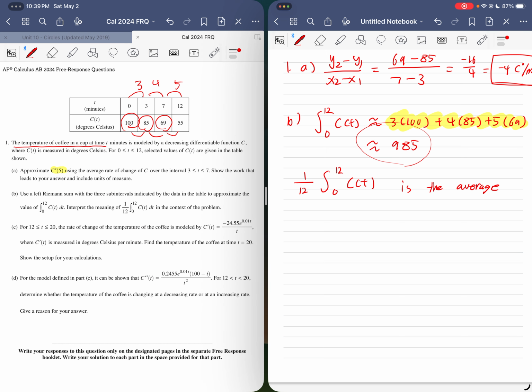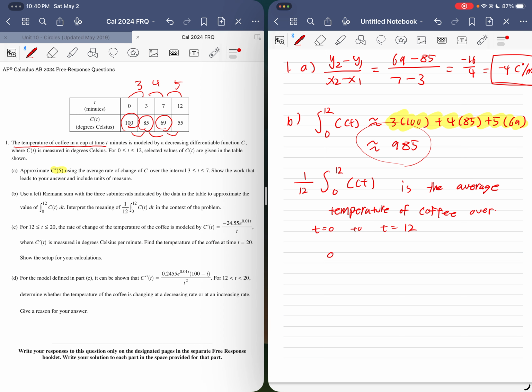Average temperature of coffee, because coffee is not countable, over t equals 0 to t equals 12.